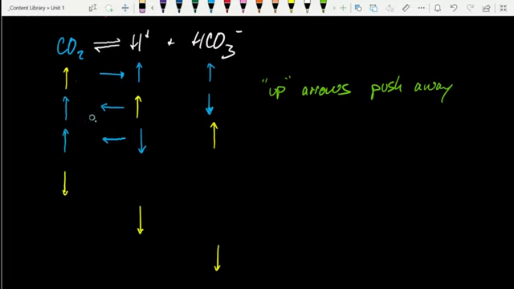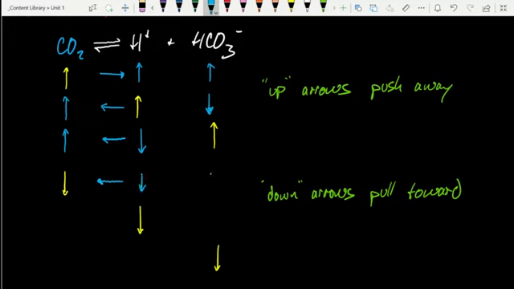And now we'll see on the bottom end, down arrows pull toward, right? Because this is going down, it's going to pull the reaction toward itself to replace what was lost. And we're going to see, because everything on the right side now becomes the reactants, a decrease in the reactants.